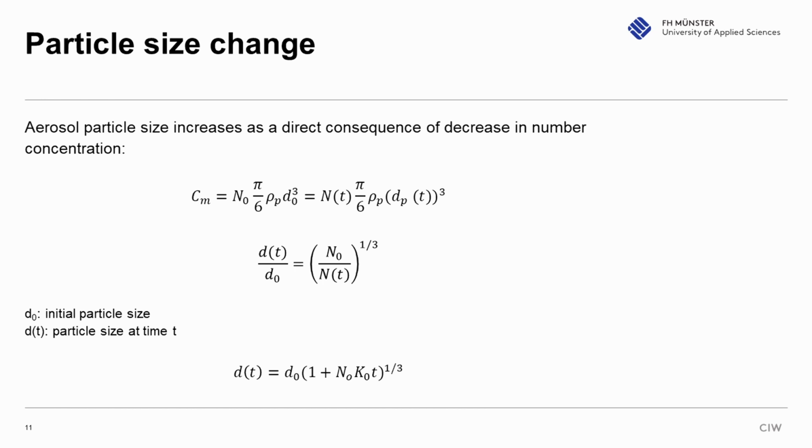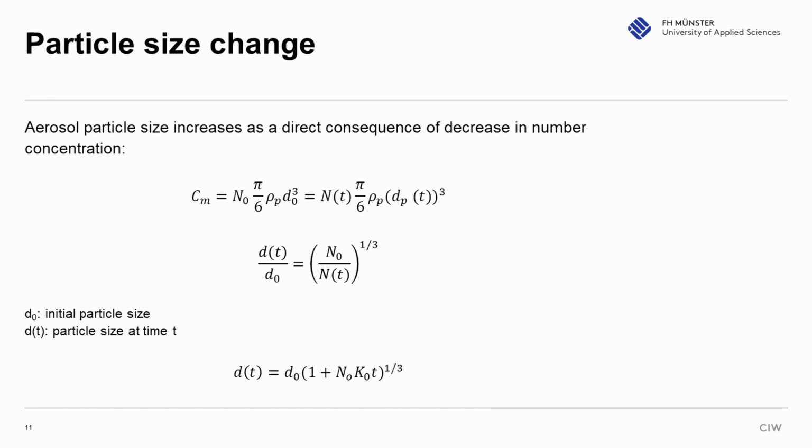Good. What also changes is the size of particles, and the size of particles can be given from a mass balance. The mass balance is extremely simple because the particles coagulate, so the number changes, but the mass does not change. We don't lose any particles in terms of mass.